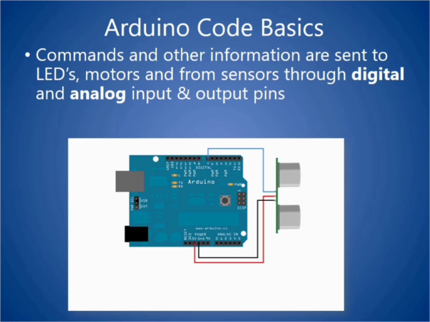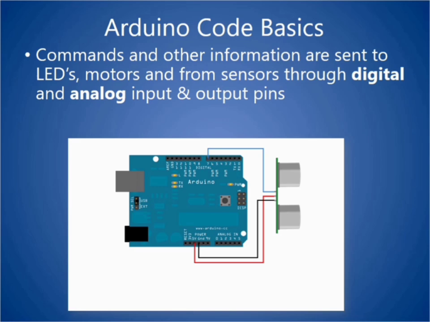And this program is generally to instruct the microcontroller chip. In our Arduino we have the Atmega 328P microcontroller. The coding, or the sketch, or the program, or the instruction that we give is given to the microcontroller, and with the help of the microcontroller the information is sent to LEDs, motors, and from sensors through digital and analog input and output pins.